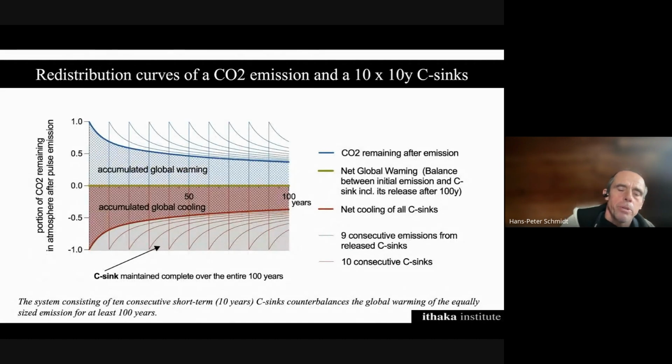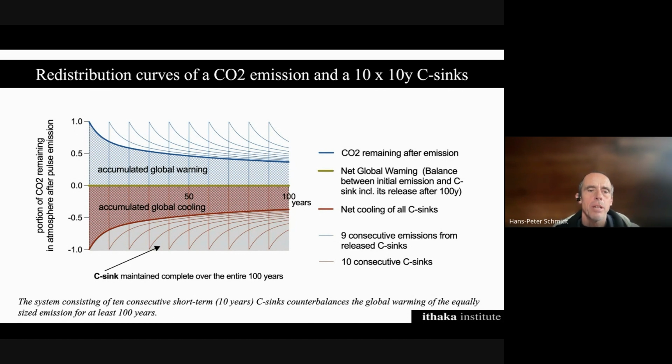But you could now, after these 10 years, recreate the same size of carbon sink again. You do another removal of 1 ton, you keep it for 10 years, then the carbon is released, and you do it again. You do another 10-year carbon sink. So you add temporary carbon sinks, one after each other.